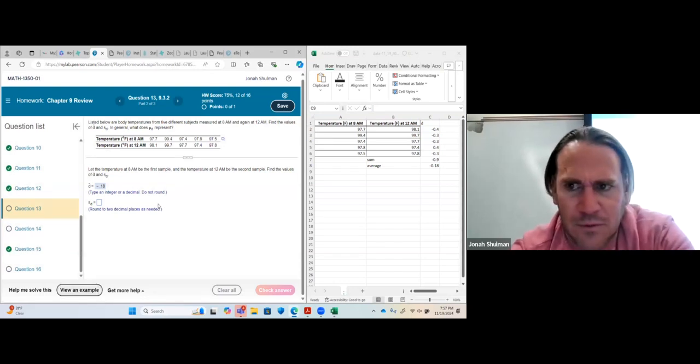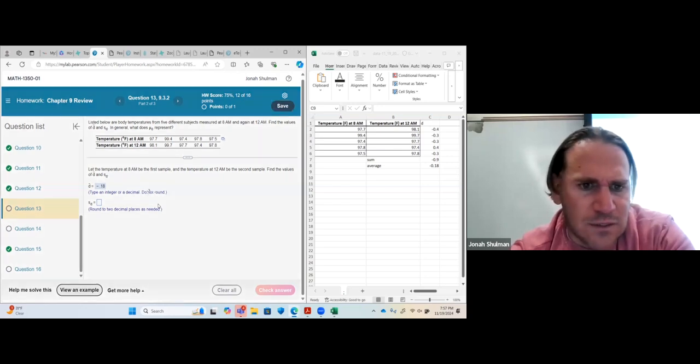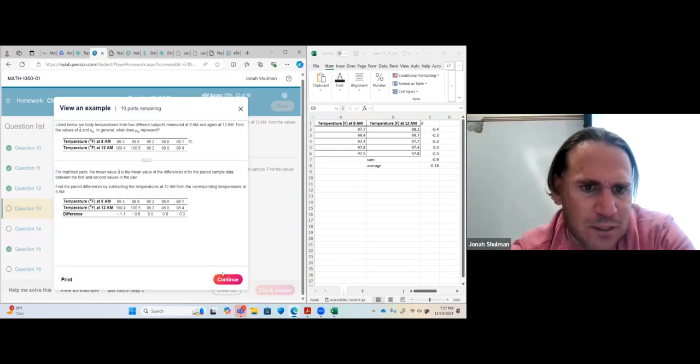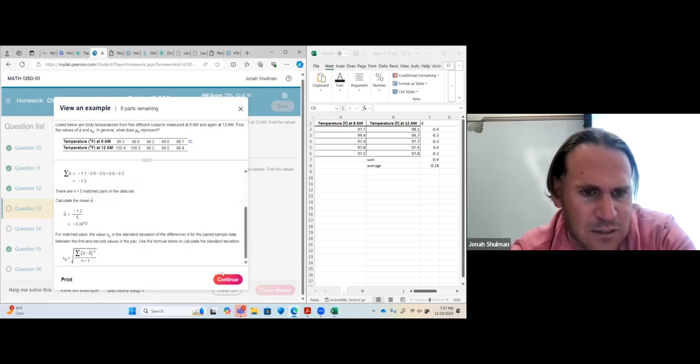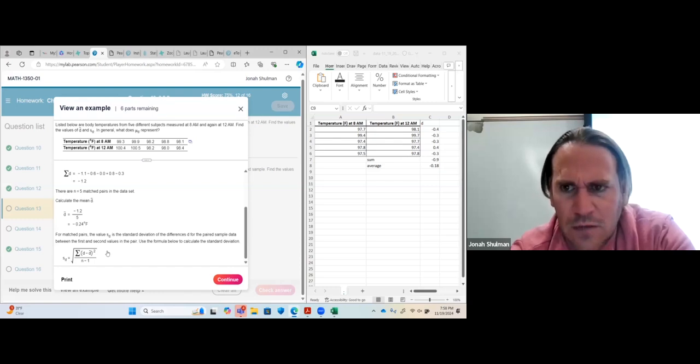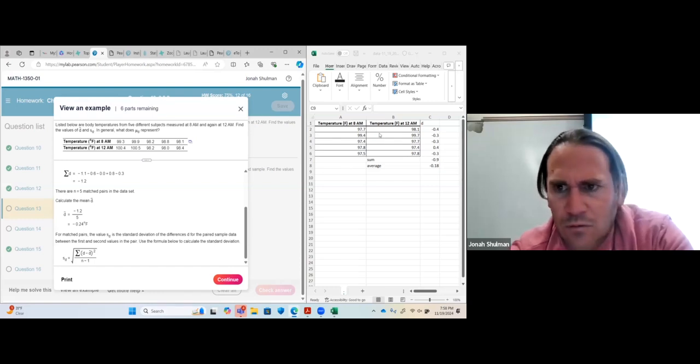So view the example. Okay, so we have the average, but now I need the standard deviation of all the differences. I could just type it, but I guess I'll show you the right way to do it. So we have the average. Now I just have to take these values minus the average over n minus 1.